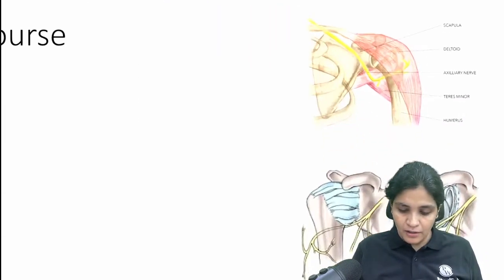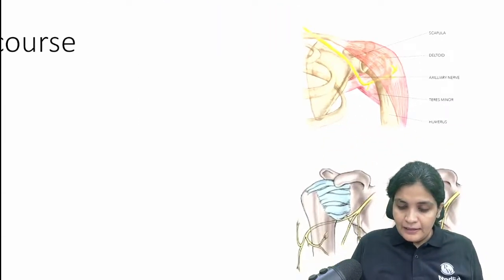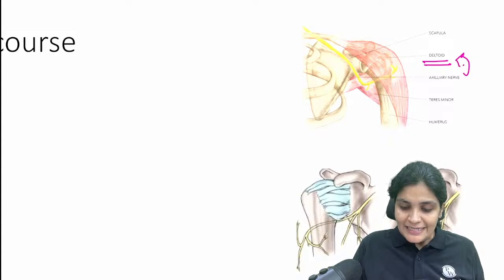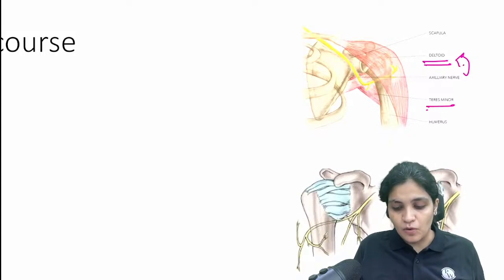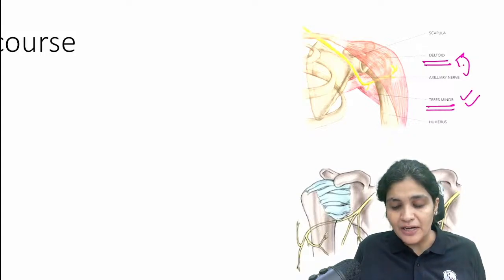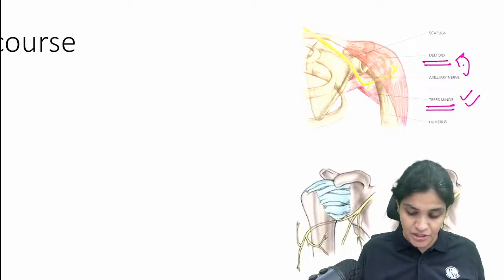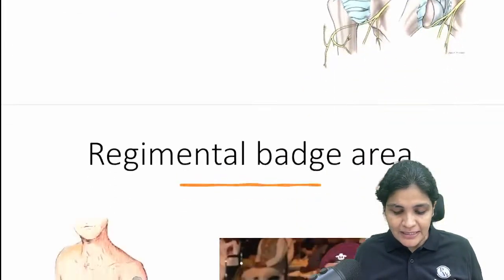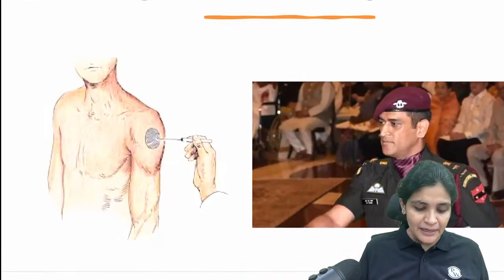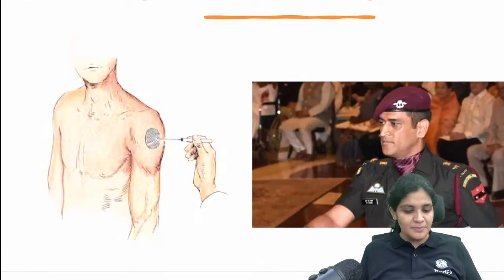And this is your deltoid muscle, which is supplied by the axillary nerve. And it also gives a small branch to the teres minor. I have told you that is why in Erb's palsy you will have the internal rotation. And now this is called the regimental badge area.